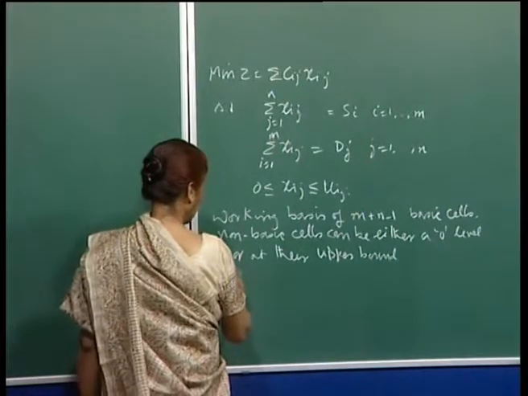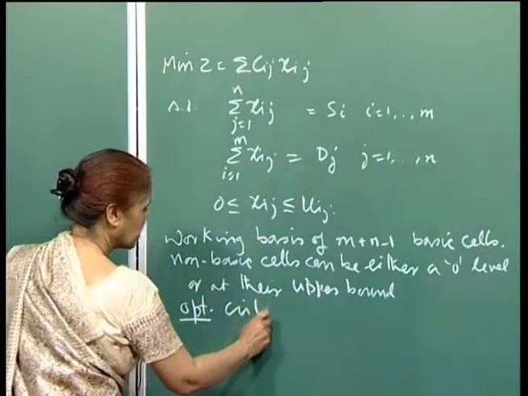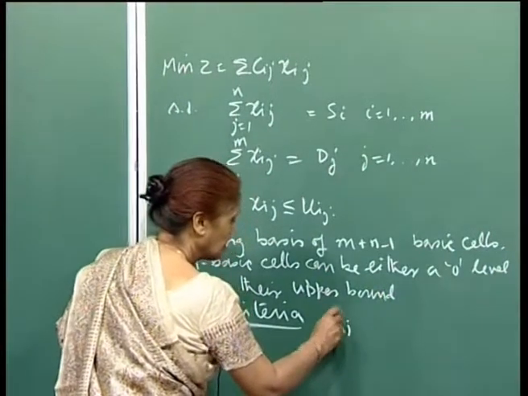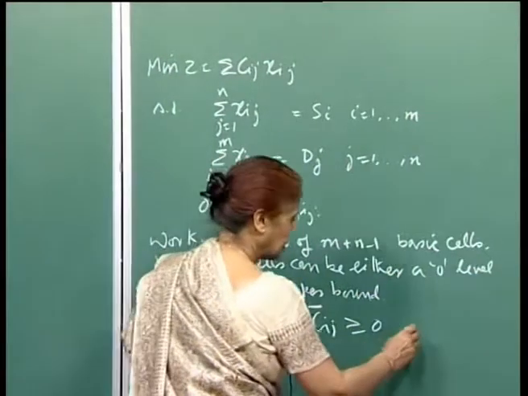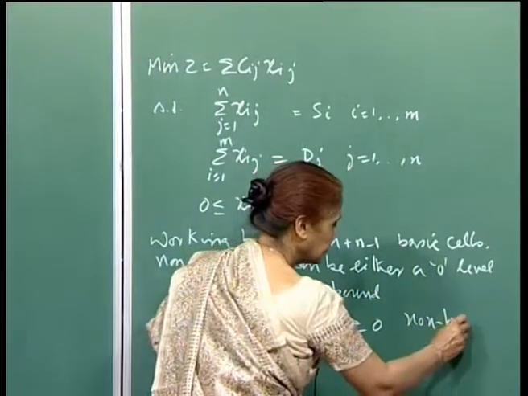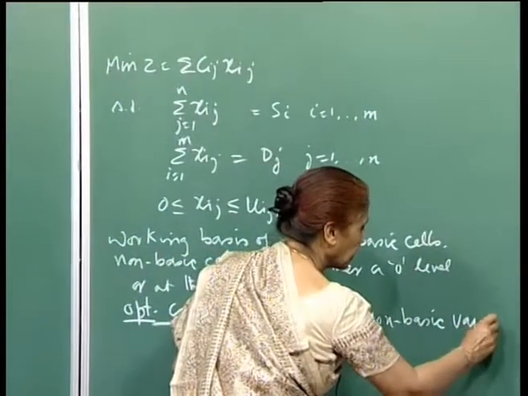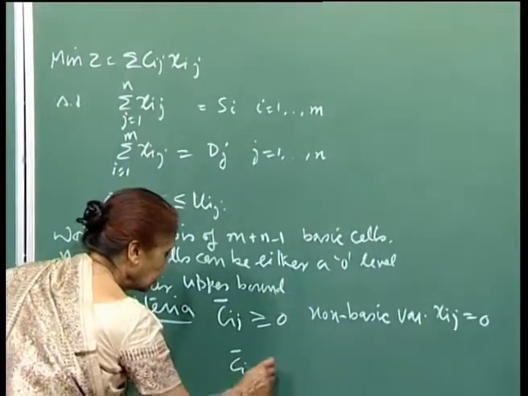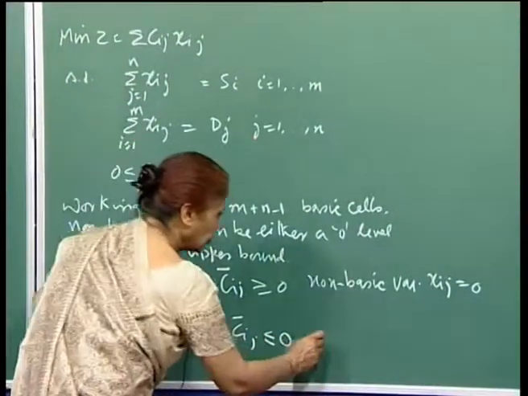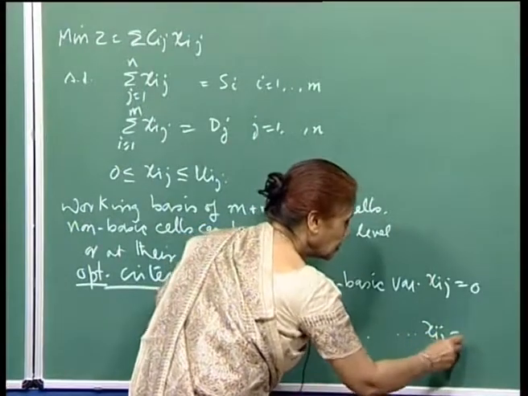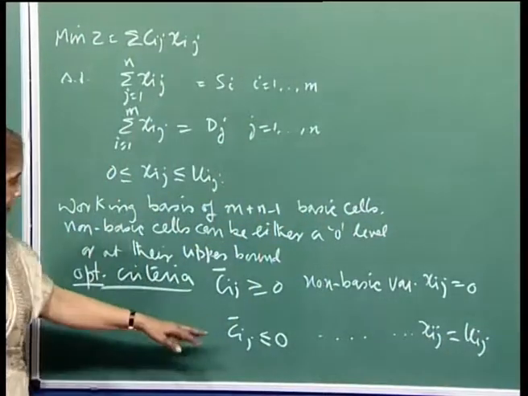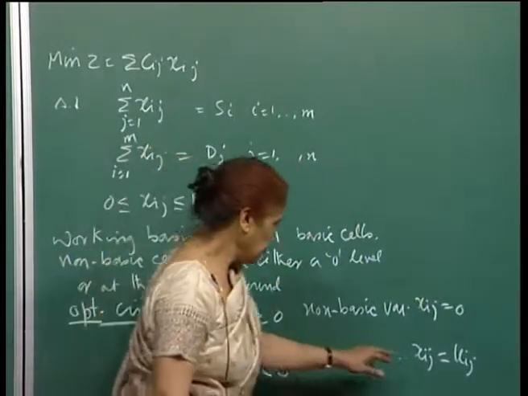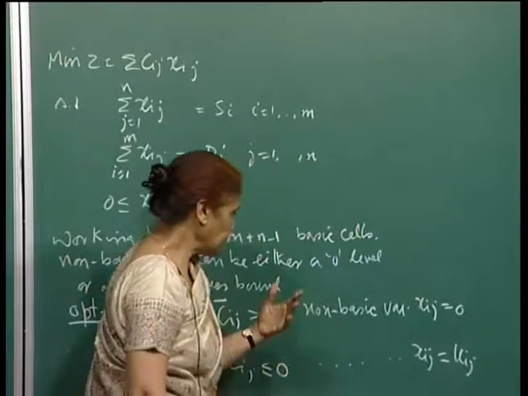Here the optimality criteria would be Cij bar greater than or equal to 0 for non-basic variables Xij equal to 0, and it will be Cij bar less than or equal to 0 for non-basic variables Xij equal to Uij, because if it was positive for a non-basic variable at its upper bound, then by reducing the value of the variable from Uij to a lower value, I would have reduced the objective function value.